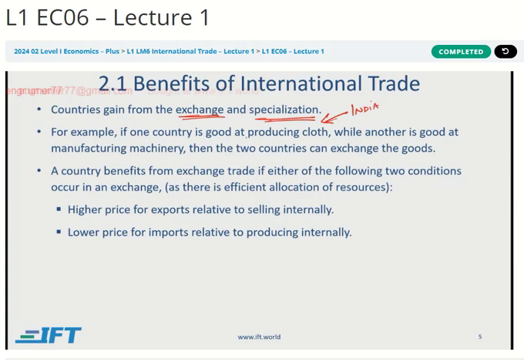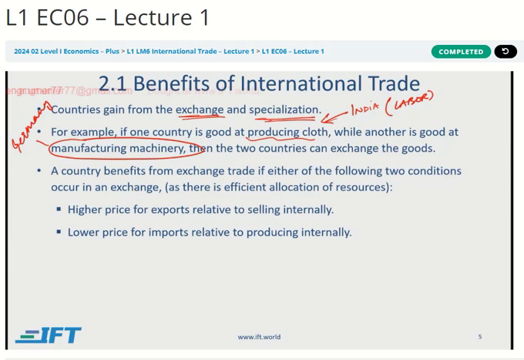Because production of textile is a very labor intensive process, and India has more labor available, cheaper labor available compared to, let's say, a country like Germany, where there is relatively less labor, but they have certain engineering expertise that they can make machinery. Now, it's not like Germany cannot make textile or India cannot make the textile machinery. They can both do both those things.